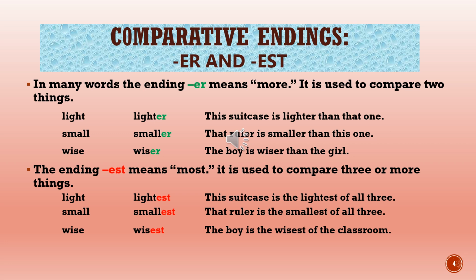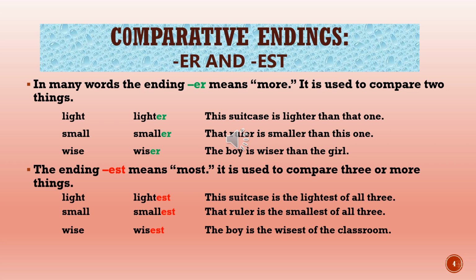Remember, when you are comparing two things, you have to add ER to the adjective and you have to use the word than: lighter than, heavier than, smaller than, easier than. You always are going to use than when you are comparing two things.